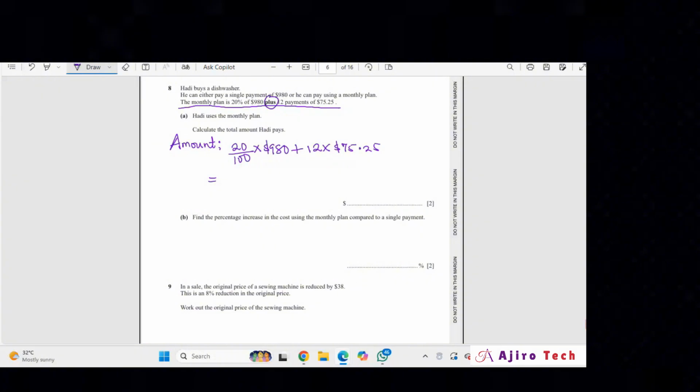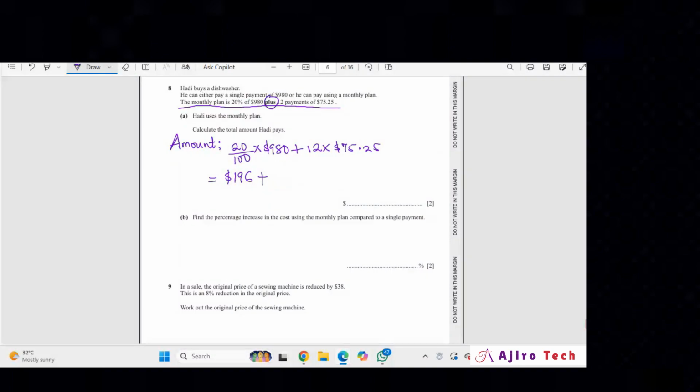If you have your calculator, let's press together 20 times 980, then you divide it by 100. That will give us 196.